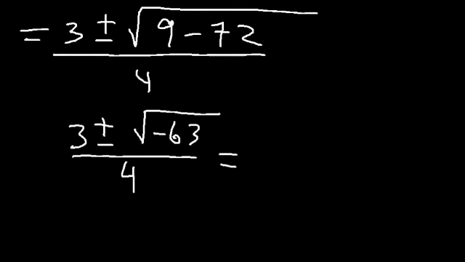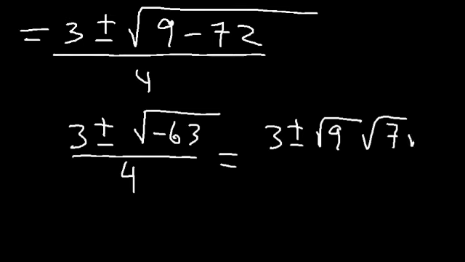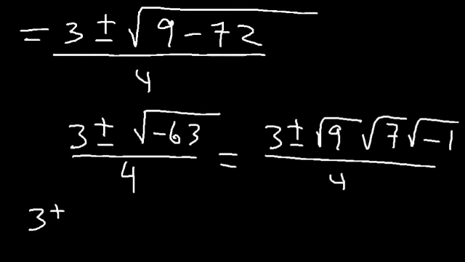So notice that we could simplify root 63. 63 is basically 9 times 7. And let's not forget the square root of negative 1. So the square root of 9 is 3, and the square root of negative 1 is i. So this is what we now have.